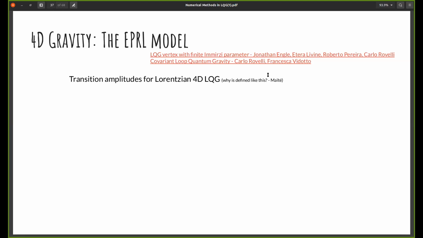For the gravity Imperial model, I refer to the original paper and Carlo and Francesca's book for a more organic derivation, or Maite's lecture, or Alejandro Perez's living review, which is very good.